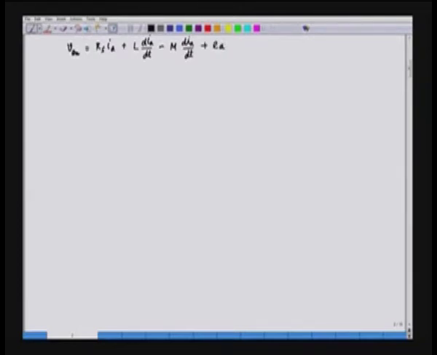Or we can also write this equation in the following fashion: RS IA plus (L minus M) dIA by dt plus EA.